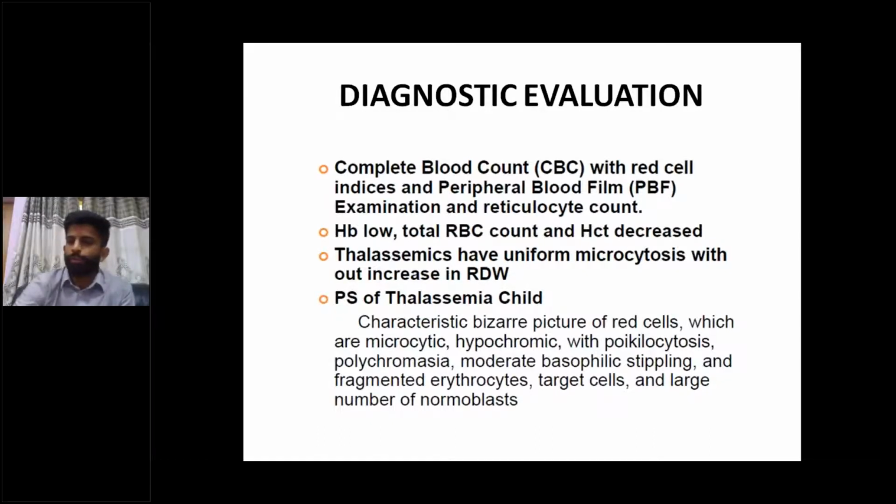Now, red cell distribution width is increased in which disorder is my question. Can anyone answer this in the chat box? Red cell distribution width is increased in which type of hematological disorder? Can anyone type in the answer in the chat box?